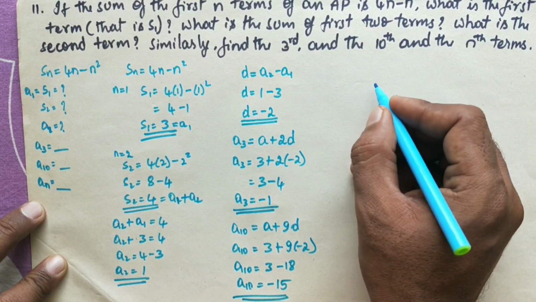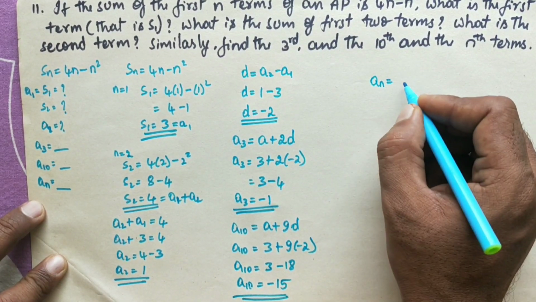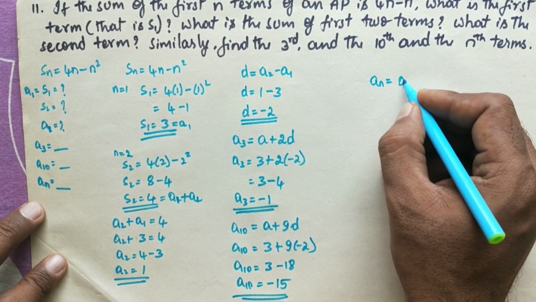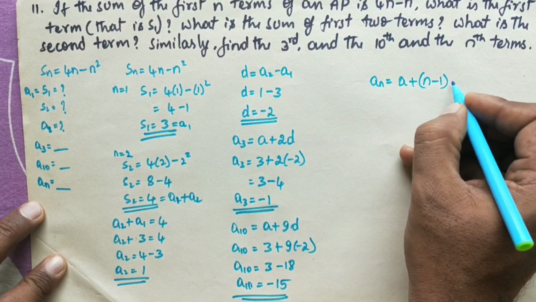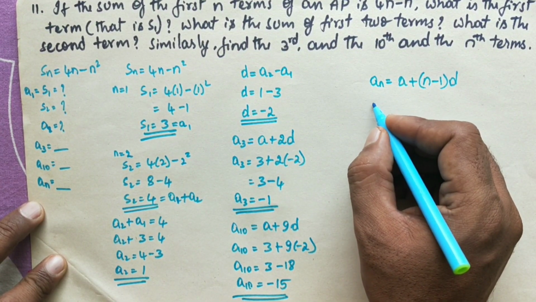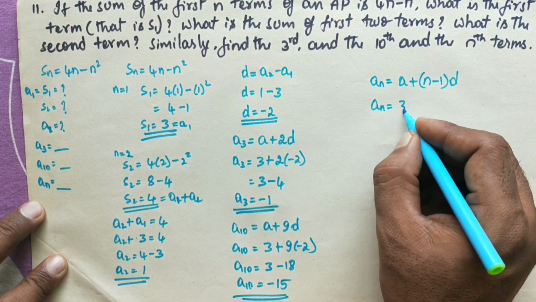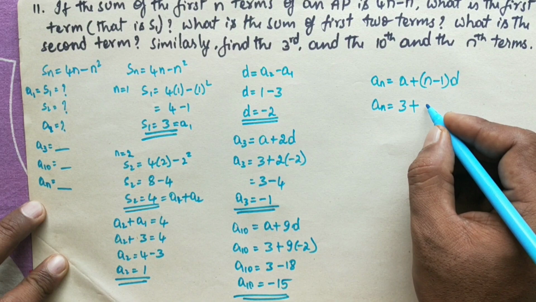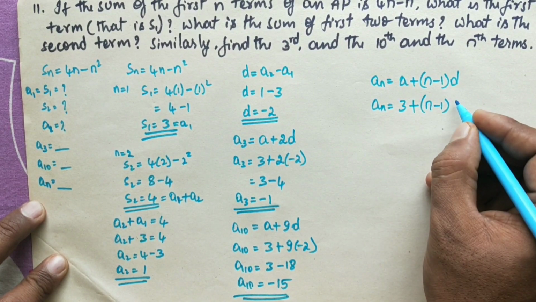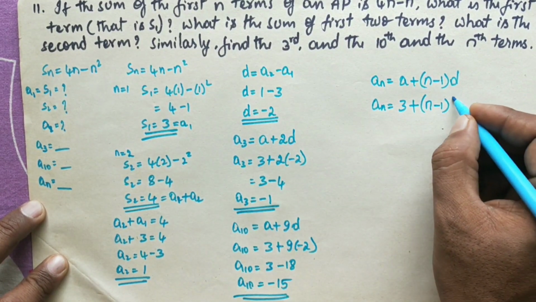Now let me calculate An. There is a formula, An is equal to A plus n minus 1 into D. So An is equal to, what is the value of A? A is 3 plus n minus 1 into D, which is minus 2.